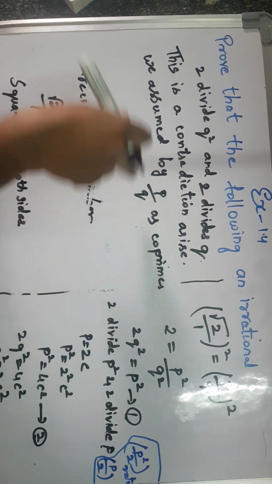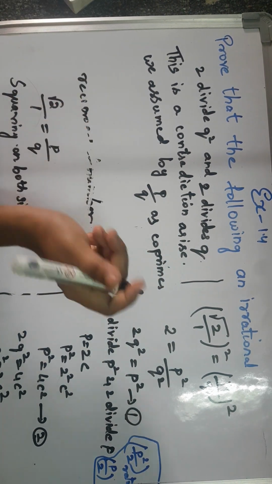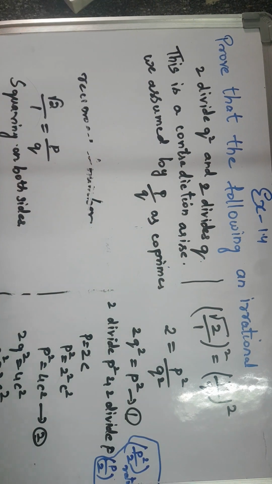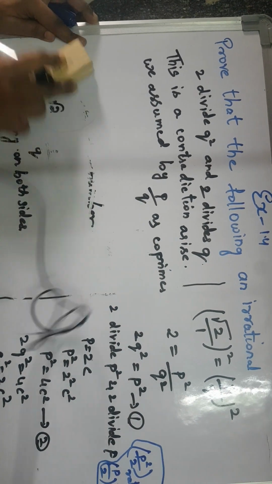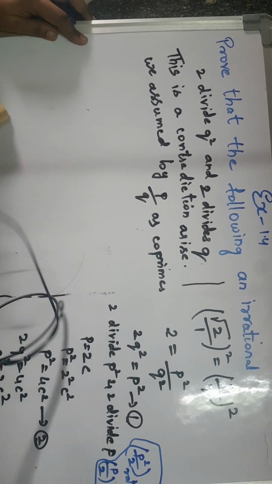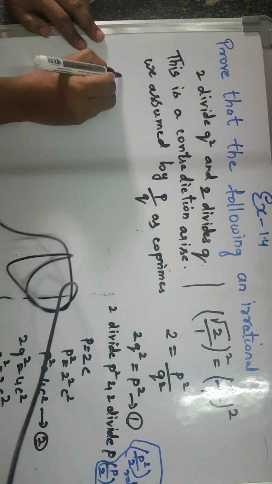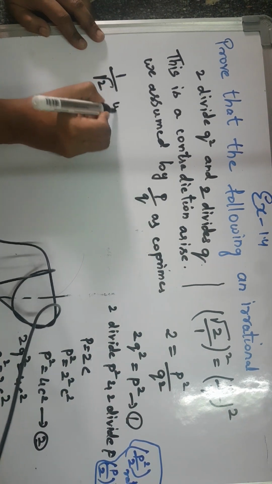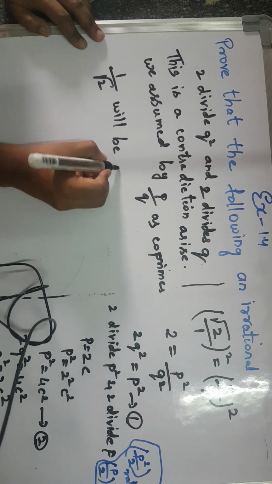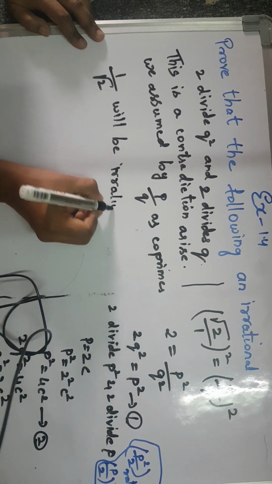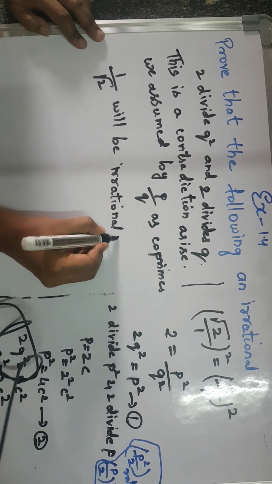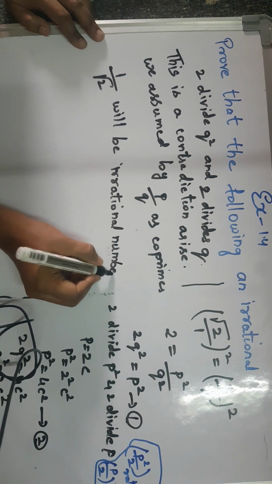So this contradiction arises. So root 2 will be an irrational number only. So 1 by root 2 will become an irrational number.